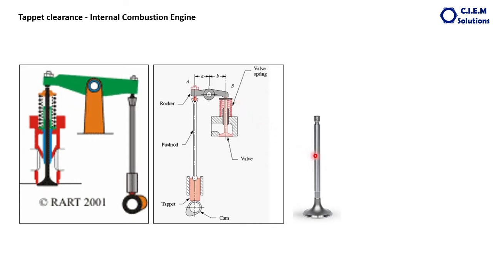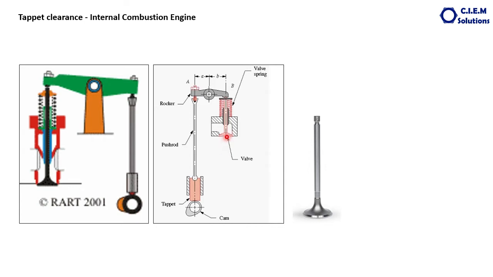The valve lash or tappet clearance normally will be more in the exhaust valves than the inlet valves. Why is it more in the exhaust valves? Because the exhaust valve stem and exhaust valve face are always in touch with the exhaust gases, that is high temperature gases.